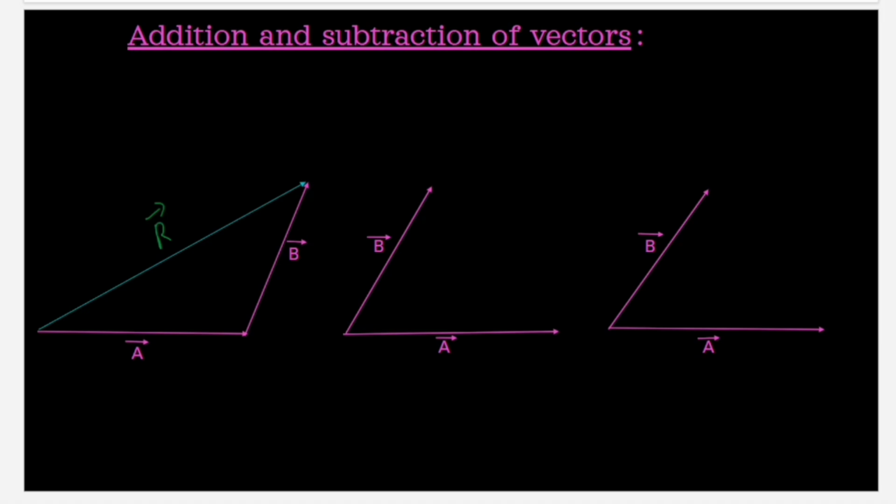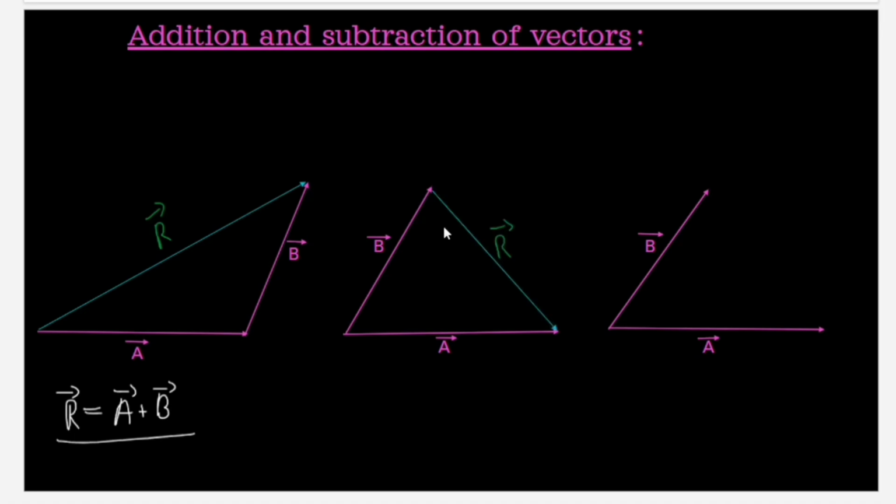In the same way, R vector's arrowhead should be attached to the arrowhead of the other vector. So in the first case, we get addition. So R vector is equal to A vector, because it starts from A vector, plus B vector, because it goes on till B vector.